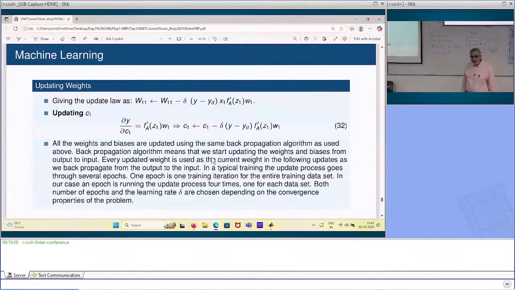The original value of W11. Then what? Delta. And then what? Derivative function of that. And then what? W1. W1, right? So W1 we have already updated in the previous part.